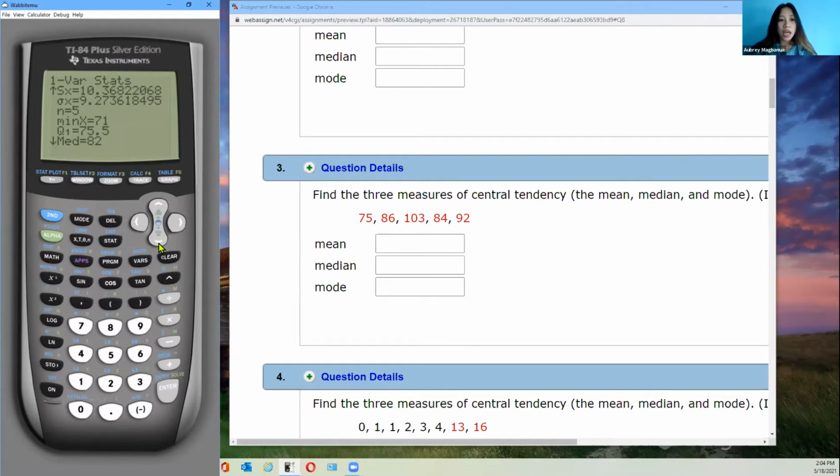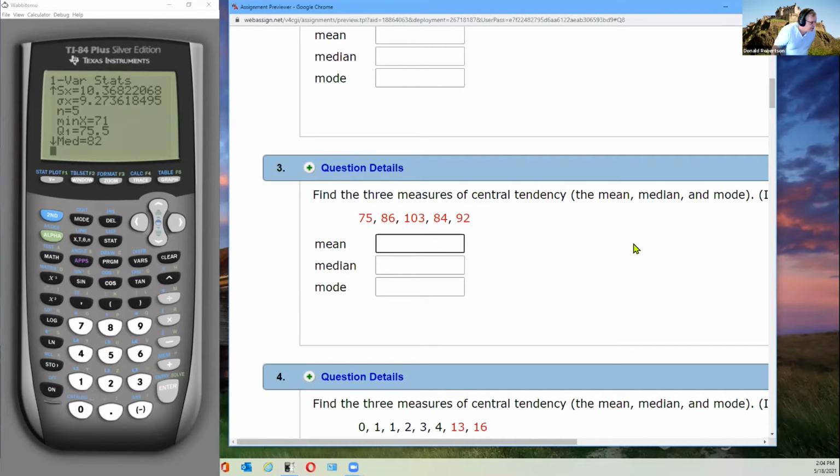I said 99 because it's in the middle. Oh, well, the median is that guy. Now, when you say 99 is in the middle, what do you mean? Do you mean that you added them all up and got the mean was 99? No, like for yours, 75, 86, 103, 84, 92.